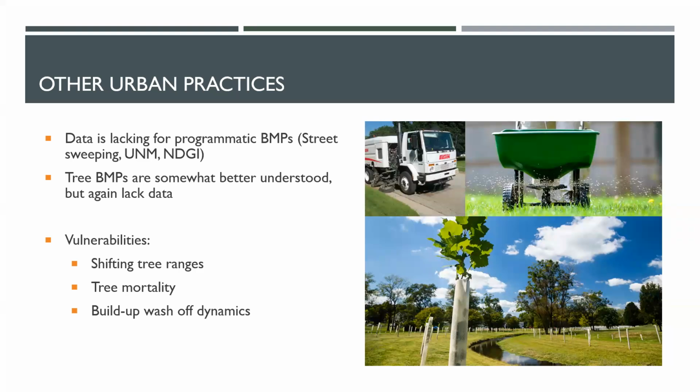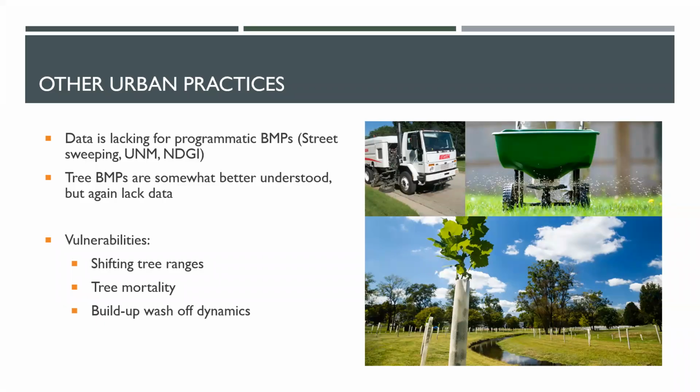I'll quickly just touch on some of the other urban stormwater practices. There is almost no data for some of these other BMPs. This includes things like street sweeping, urban nutrient management, nutrient discharges from gray infrastructure. Those are all programmatic types of practices. Again, we can do a theoretical exercise with those.